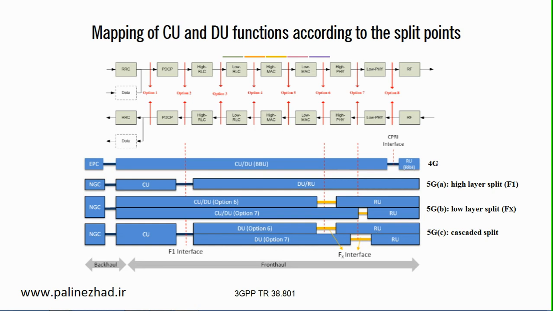Also note that setting the split point with less physical functionality at the DU here reduces the requirements on the transport network on fronthaul. And if we set the RU with low compute capability by choosing a low split point, it makes it simple, and reduces its size, weight and power consumption.